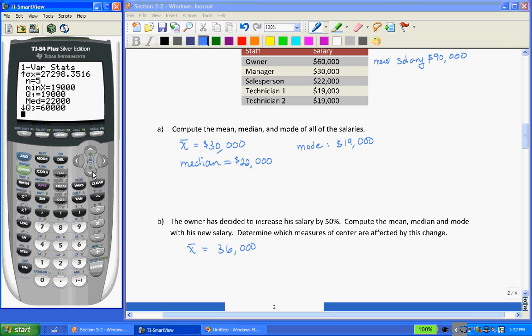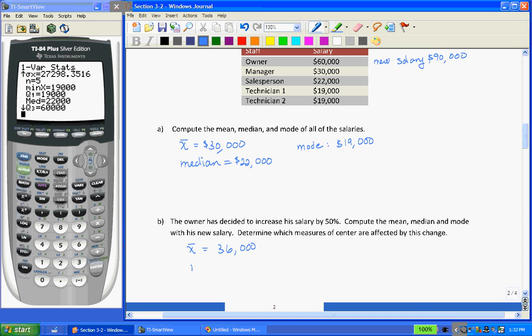But the median is still 22,000. And the mode is still the one that repeats, so that's 19,000.